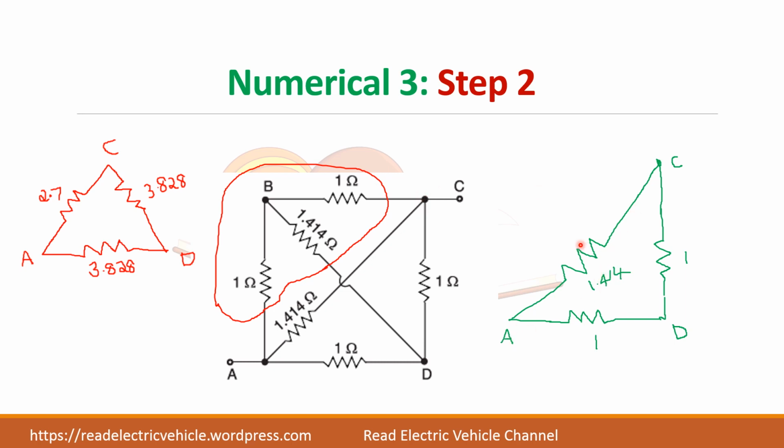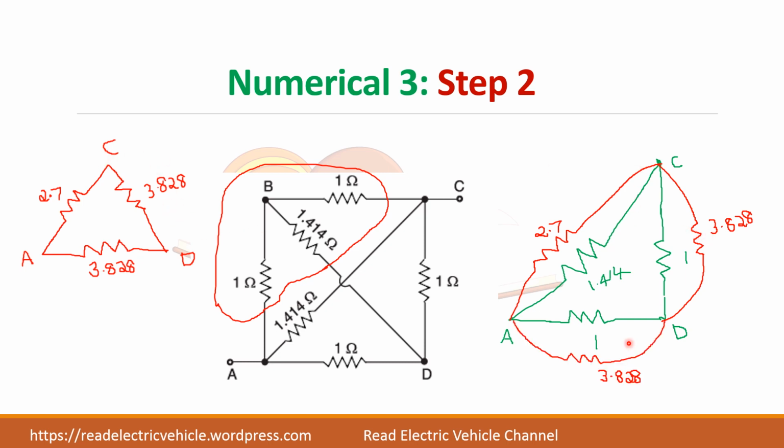This is already there. Now you have to include this one. So what is AC? You have 2.7 ohms, so that will be in parallel. Then CD and AD, which have 3.28, in parallel.